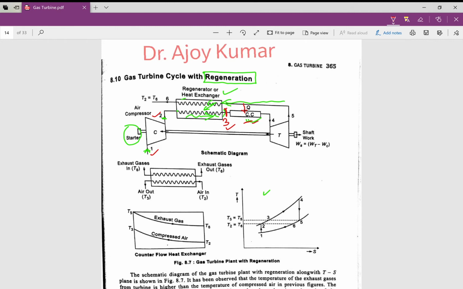This hot gas at high pressure is supplied at point 4 to the gas turbine. As you know, dear students, the gas turbine is an expansion device where isentropic expansion takes place from 4 to 5.